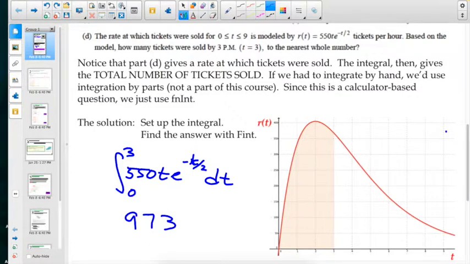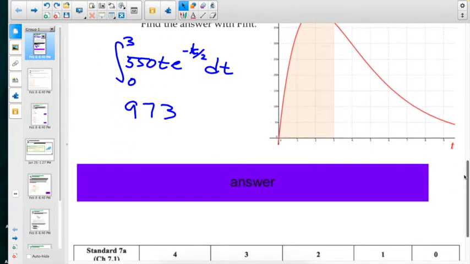Is that what everyone's getting? Okay. Did you get any decimals? It was exactly 973? Okay, good. Yeah. And they're going to give you an approximate. Did we get like 972 point something?